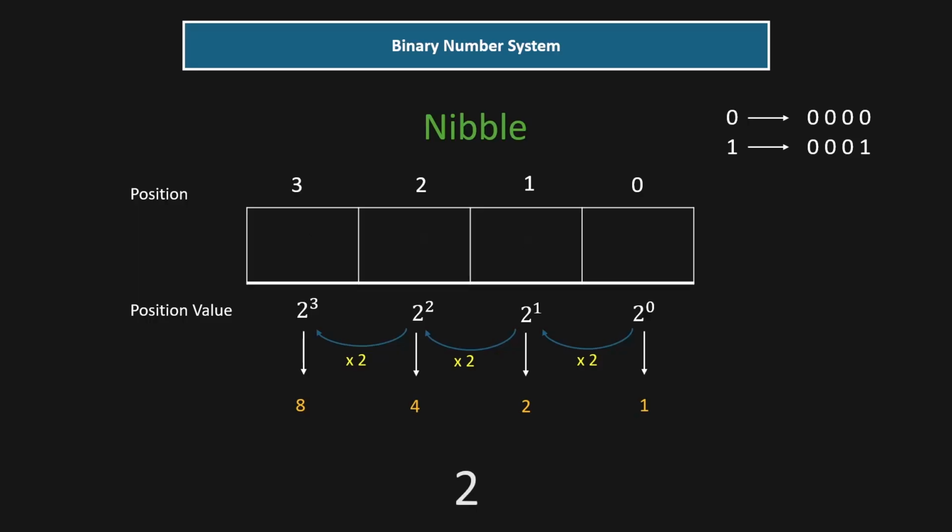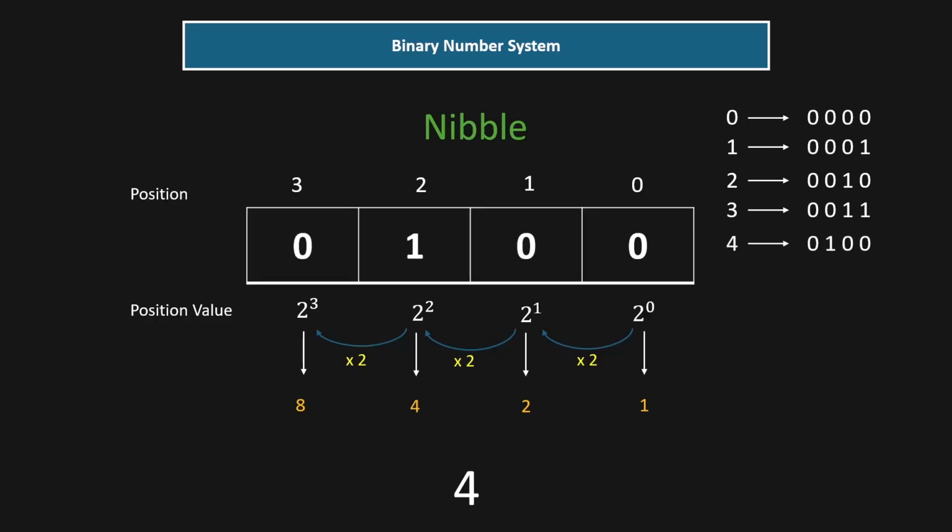For the number 2, we have no 1, 1 two, no 4, and no 8. For the number 3, we have 1 one, 1 two, 0 fours, and 0 eights. And for the number 4, we have 0 ones, 0 twos, 1 four, 0 eights.